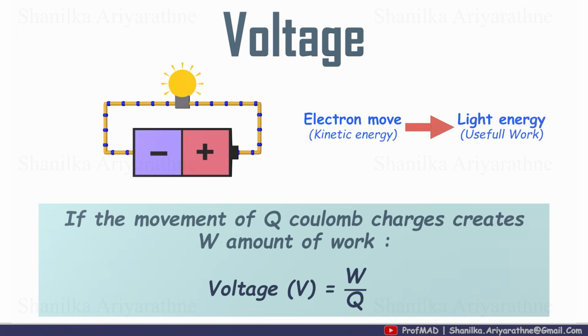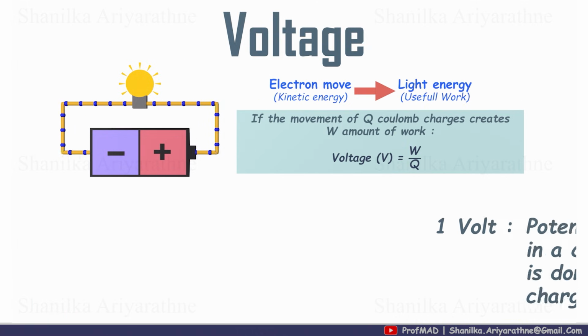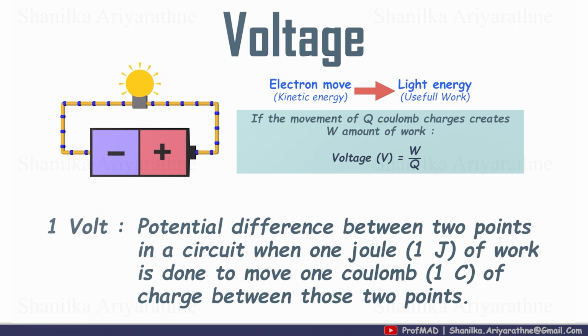Voltage equals work divided by charge. Or, said aloud, V equals W over Q. That means 1 volt is the potential difference, the electron pressure difference, between 2 points in a circuit when 1 joule of work is done to move 1 coulomb of charge between them.